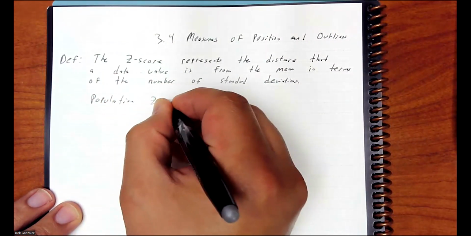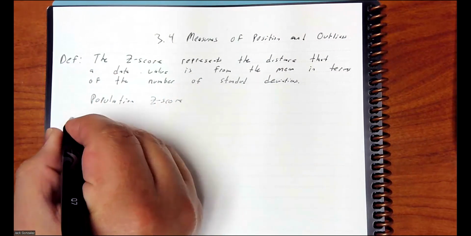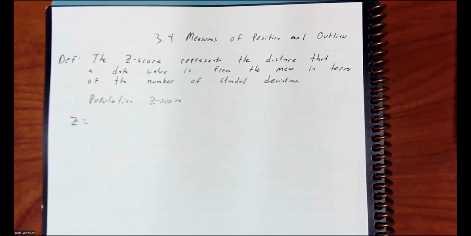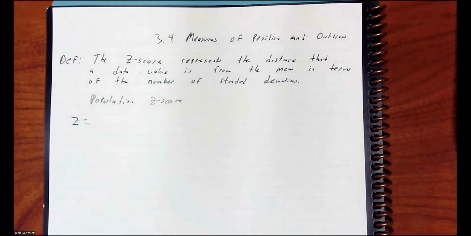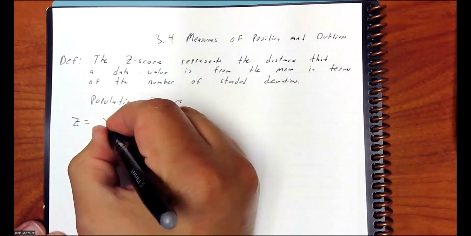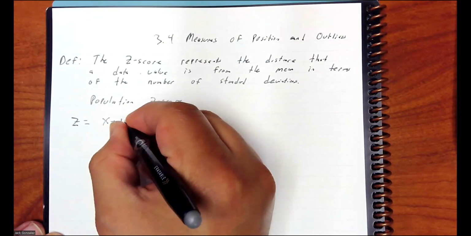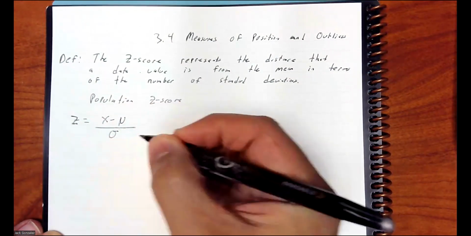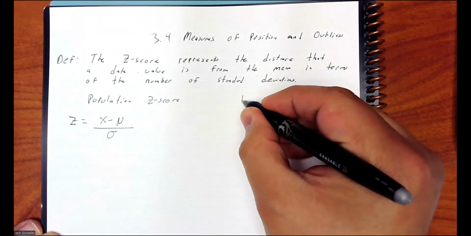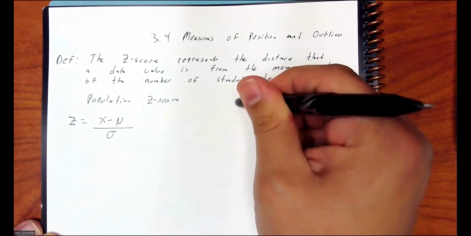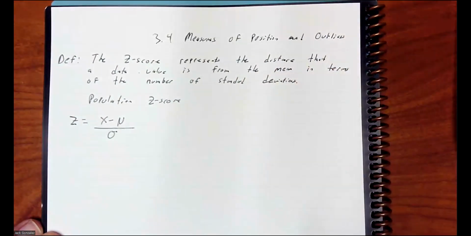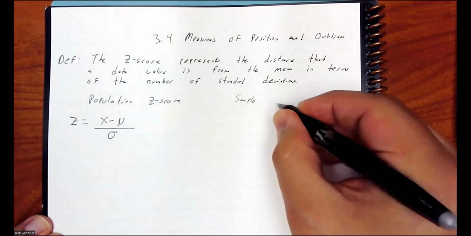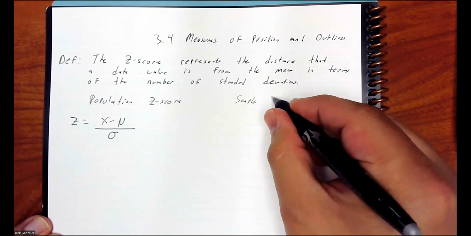Population z-score. So basically, to find it, you use this formula. If you're dealing with population, you're going to use x minus mu over sigma. Sample z-score.